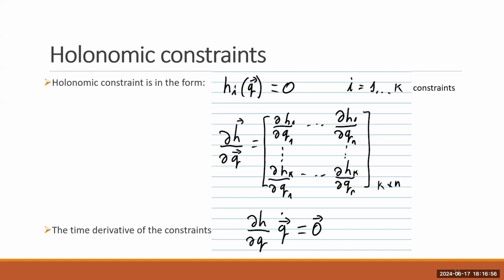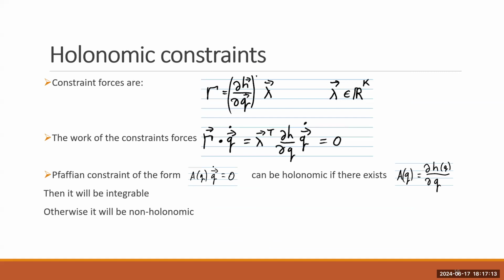So we had the holonomic constraint that is a constraint on the configuration, and by taking the derivative of this constraint, we can write it as a Pfaffian constraint. Now, if we take the constraint forces, we can mark them as capital gamma, and they are in the direction of the normal to the constraint manifold.